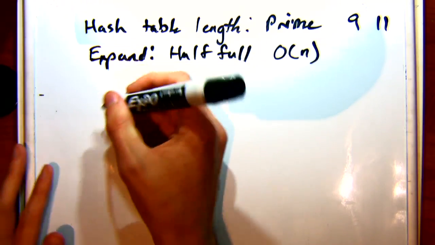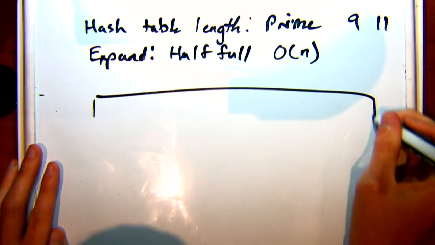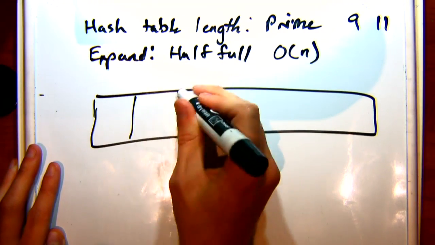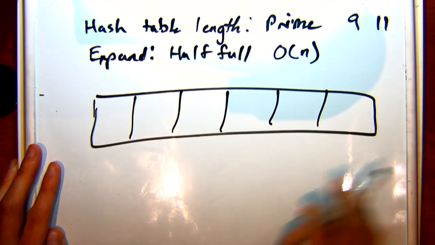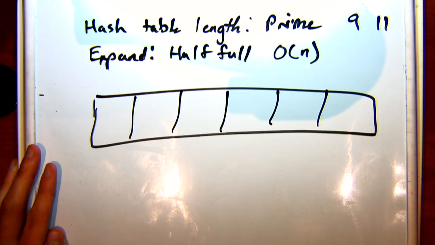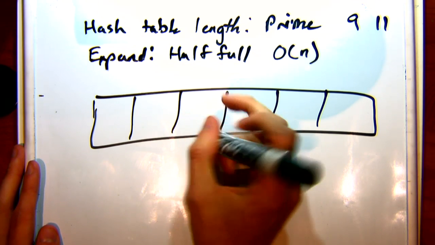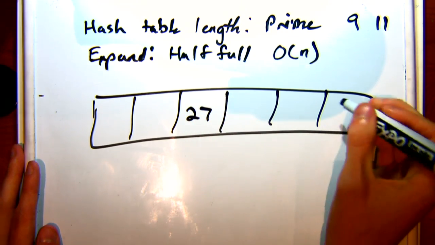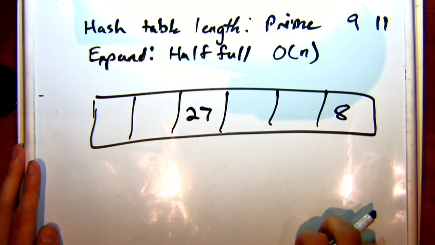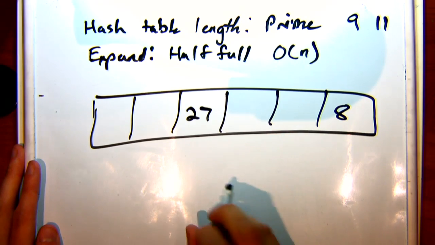So I'm going to go ahead and create a hash table, and I'm going to hash a few things really quick. With no particular hash function, I'm just going to put stuff in here so I can show the probing techniques. So I'm going to put maybe like 27 here and 8 here. And then I'm going to hash something else.